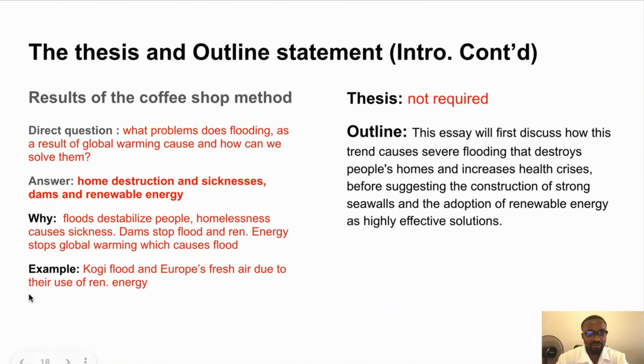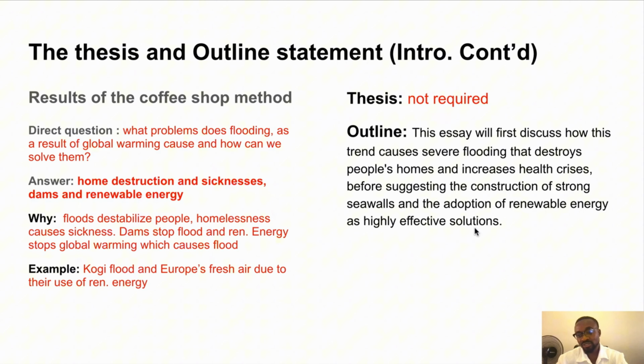So this is the result of the coffee shop method, which is what we use to generate ideas. I brought it here because it is from the answer we gave that we are going to write our outline. Remember, I said the outline is simply a sentence or a group of sentences in the introduction that tells the examiner how you plan to structure your essay.